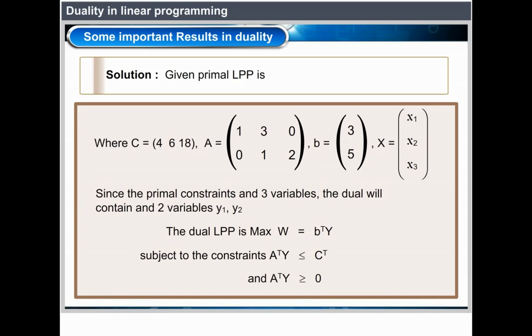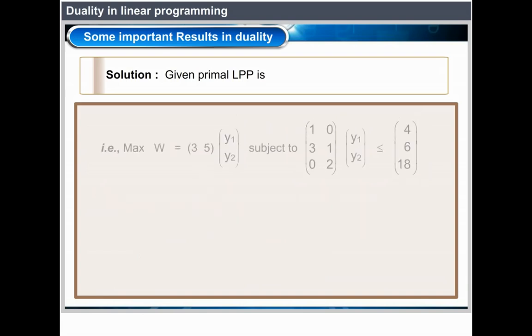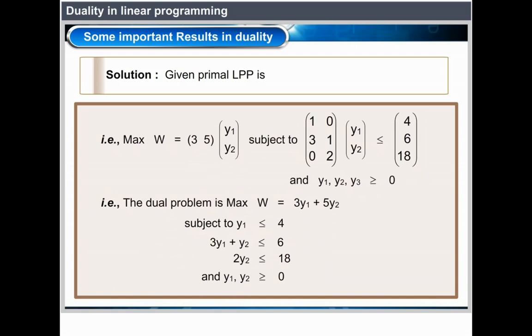The dual LPP is maximize w equal to b transpose into y subject to the constraints A transpose into y less than or equal to c transpose and y greater than or equal to 0. That is, maximize w equal to 3, 5 into y1, y2 subject to first row 1, 0, second row 3, 1, third row 0, 2 into y1, y2 less than or equal to 4, 6, 18 and y1, y2 greater than or equal to 0.